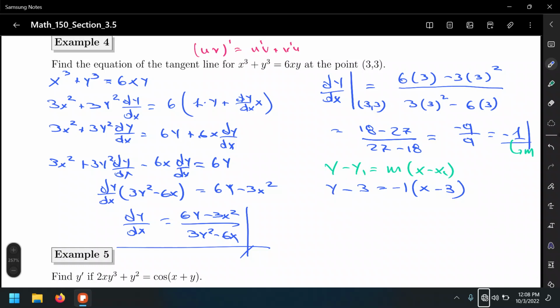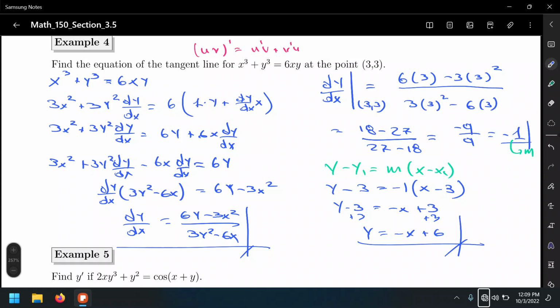We can solve for y. That's y minus 3 equals negative x. Careful here, negative times a negative becomes a plus 3. Adding 3 to both sides, y equals negative x plus 6. So that's the equation of our tangent line.